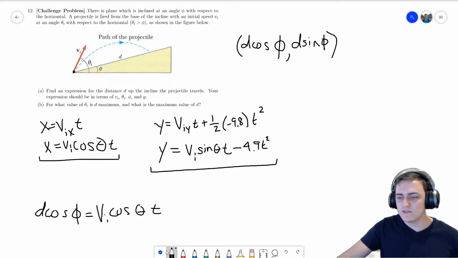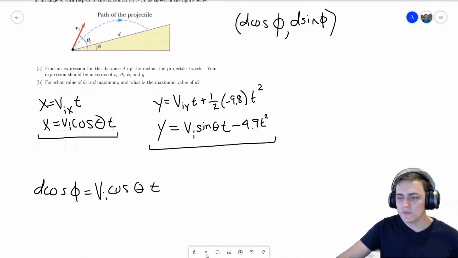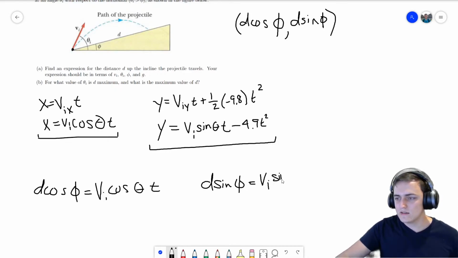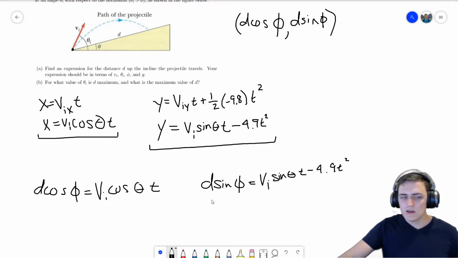And we can do the same thing for y. Let's scroll down a little bit here. We can say d sine phi, my bad, equals vi sine theta times time minus 4.9 t squared. And so we have these two equations.